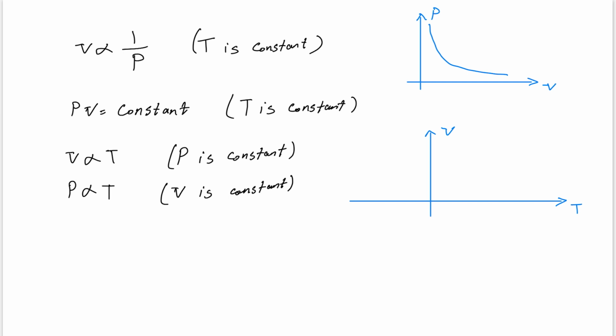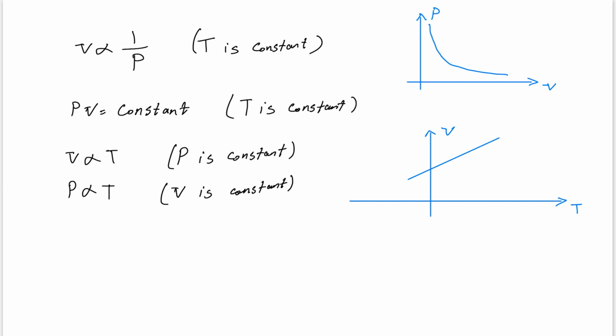Scientists have found that when the pressure is not too high and it is kept constant, the volume of a gas increases with temperature at a linear rate. So we will have something like this, right? They will have a linear relation.